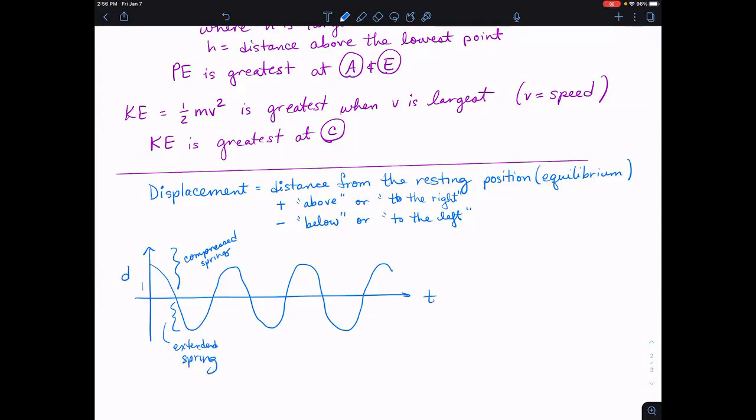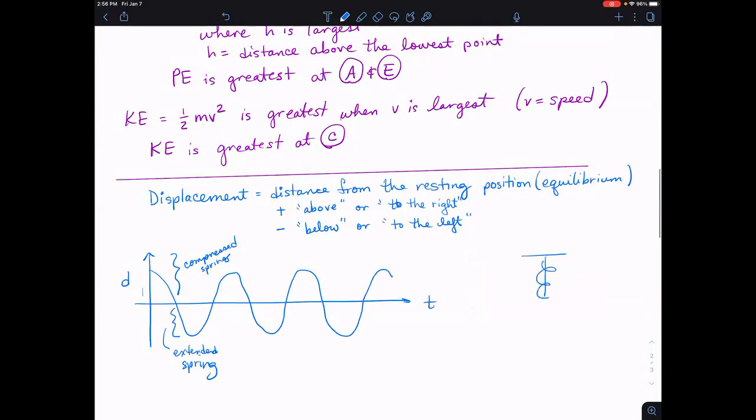All right, and so let's think about kinetic energy. Okay, so we have our spring. And let's say this is the equilibrium position here with some mass m. And this is, let's say, the compressed and then extended. And then that's the extended version.